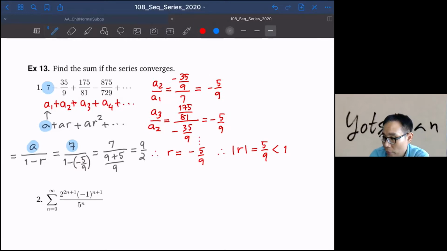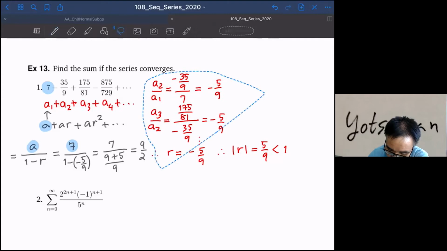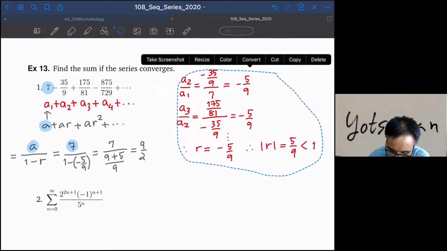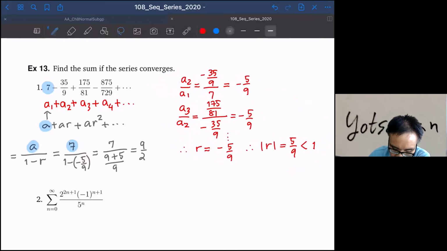That will be our geometric sum. So that will give us for the final answer 9 over 2.